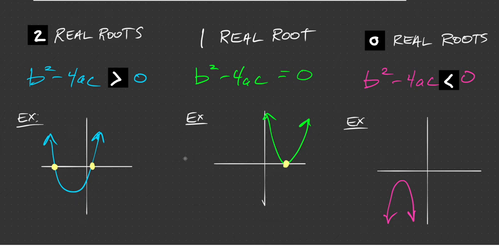I'm just drawing a picture here so that you can connect the two things. One solution means that it sits right on the x-axis. Technically, there are two answers, but they're the same answer as each other, so they just consider it one answer. And then imaginary answers means your parabola never touches the x-axis.